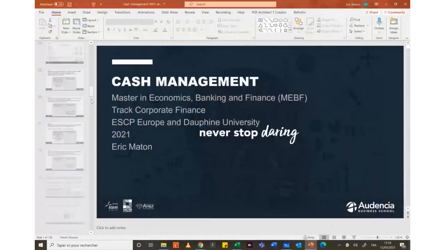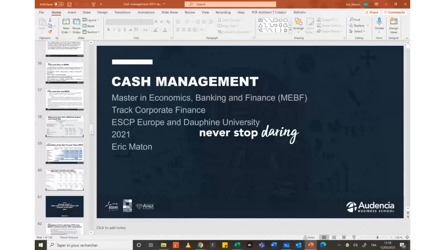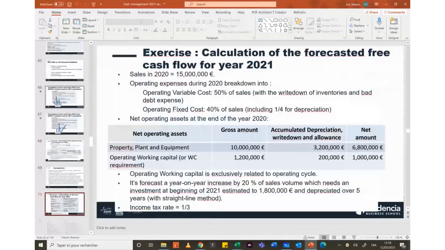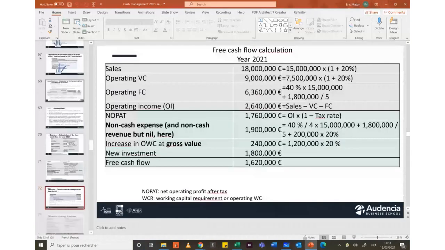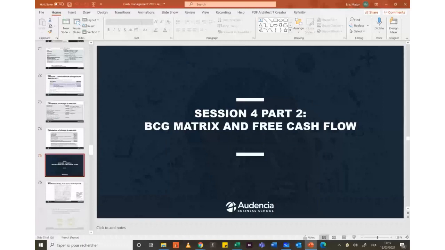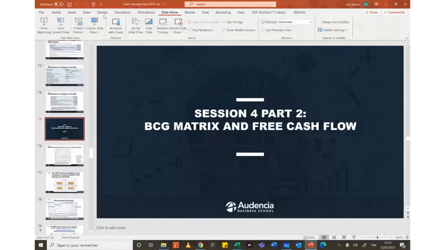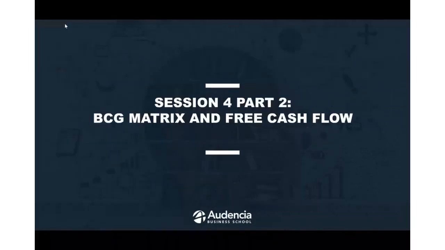So we continue. Yesterday it was about the free cash flow. So we finish today with the free cash flow, and after we will see how to manage the working capital. The free cash flow is related to what we name the Boston Consulting Group matrix.